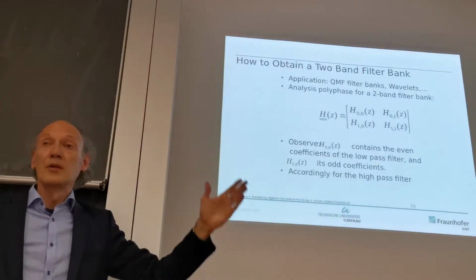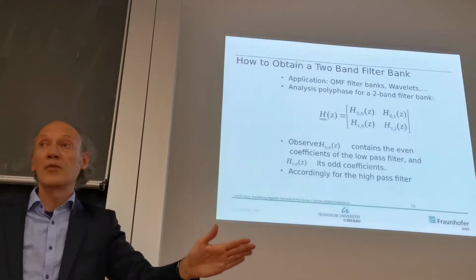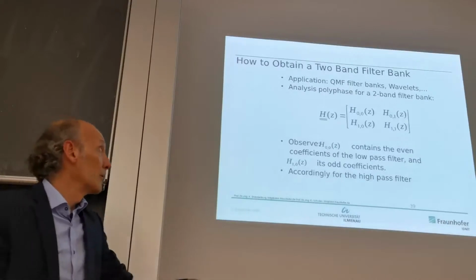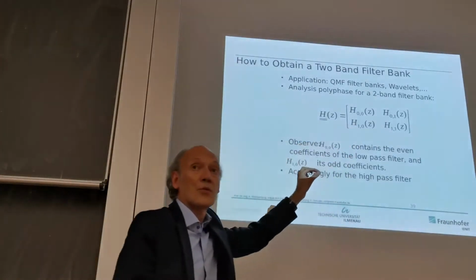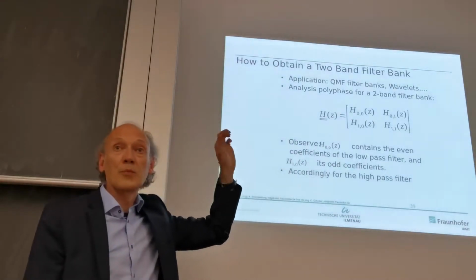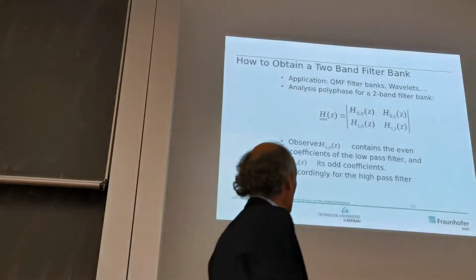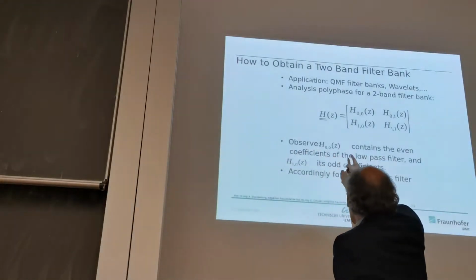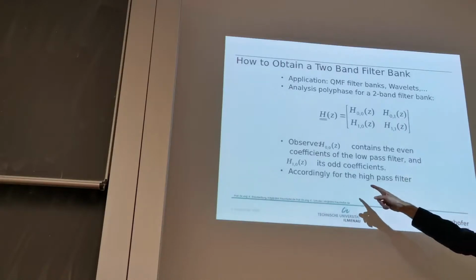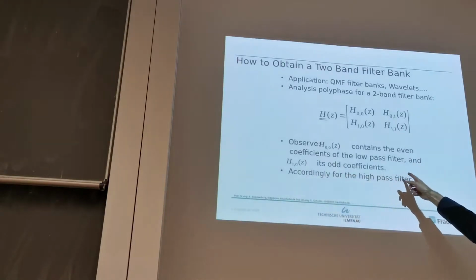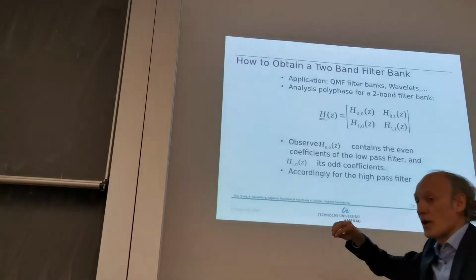First column, downsampled low-pass filter, and second column, downsampled high-pass filter. And here, downsampled with the 2 phases. First starting with 0, second starting with sample number 1. And then the result is Z-transformed. Yeah, so H0,0 then contains the even coefficients of the low-pass filter, and H1,0 is its odd coefficients. Right. And accordingly for the high-pass filter.